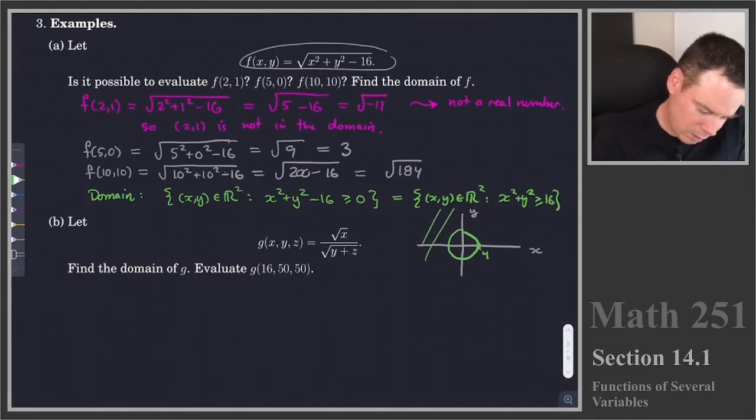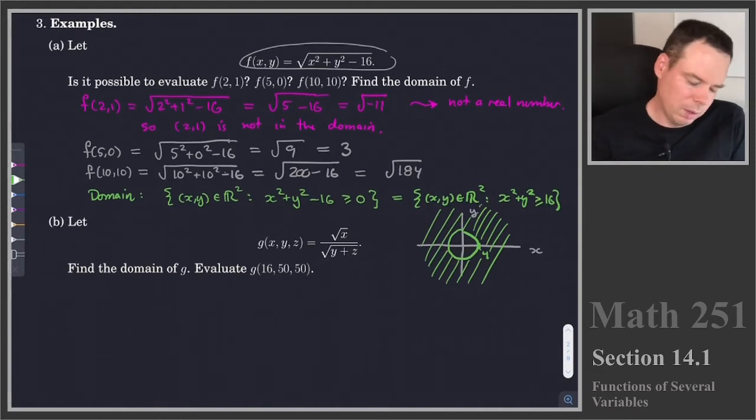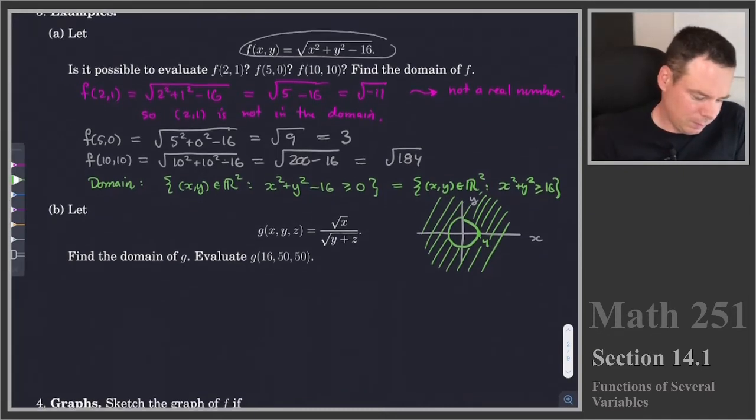So I'll shade that outer area in as well. So it consists of all these points, everything outside and on a circle of radius 4. So there's a sketch of our domain. And that point 2, 1, that's inside the circle of radius 4. And so it's in the area I haven't shaded, because that's an area that's not in the domain.